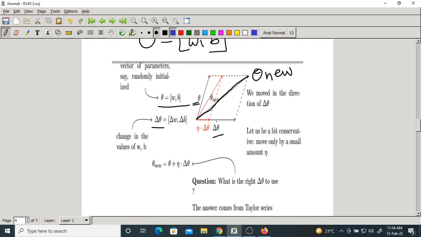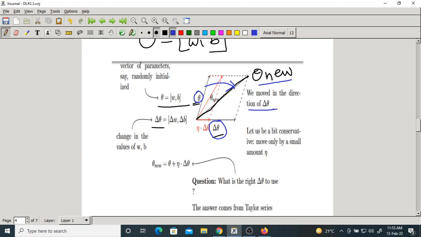When you add these two, this is the old theta, and this is the new theta, which is the resultant. Now it has come in this direction. The resultant of these two is this middle line. Now it has come from this region to this region. It has moved in the direction of delta theta.